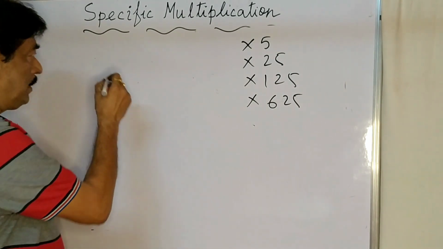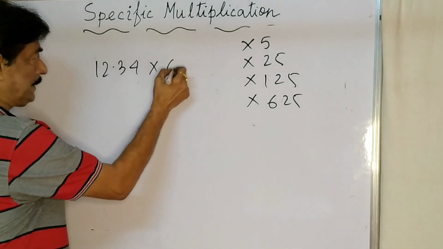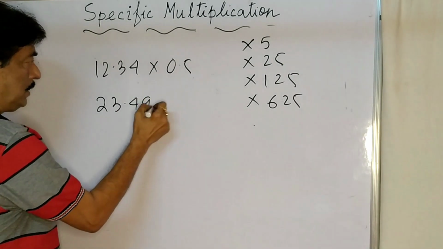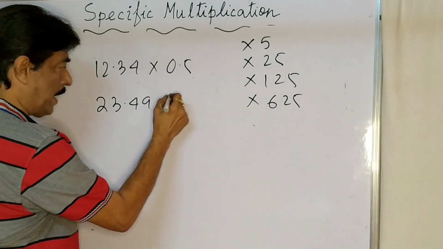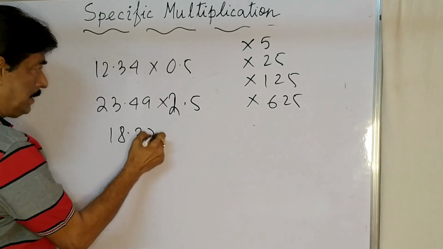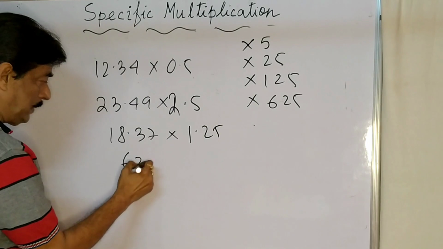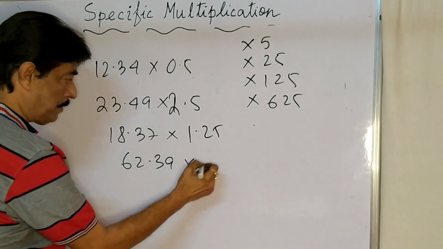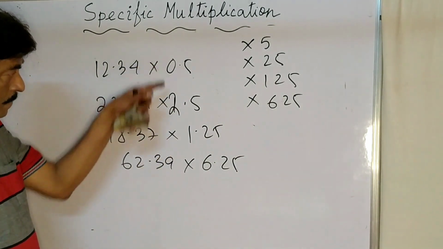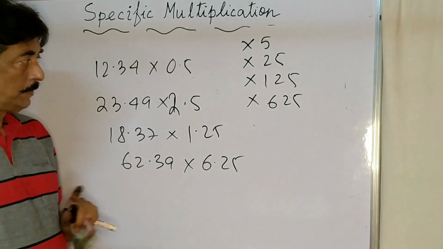Say they are giving the questions 12.34 multiplied by 0.5, 23.49 multiplied by 2.5, 18.37 multiplied by 1.25, 62.39 multiplied by 6.25. Just observe. We can control this number 5, 25, 125 and 625.